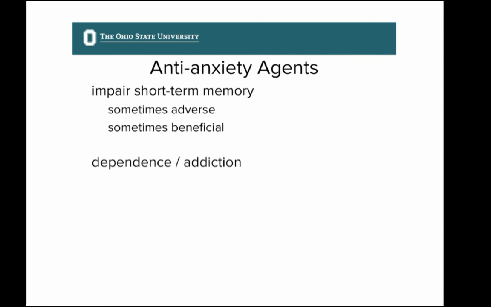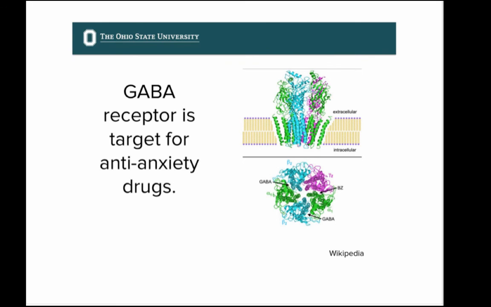One increases your speed, the other slows you down. GABA is the major neurotransmitter on the inhibitory side, the major brake in the brain. And these anti-anxiety drugs all make GABA work harder, work more powerfully. So you can see that at higher doses, you are potentiating the inhibitory ability of the brain and shutting everything down.